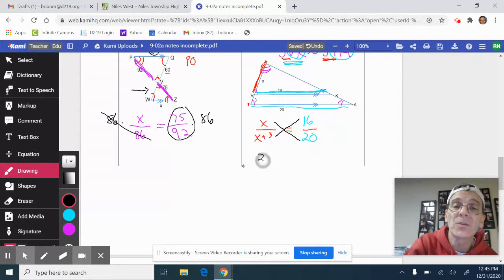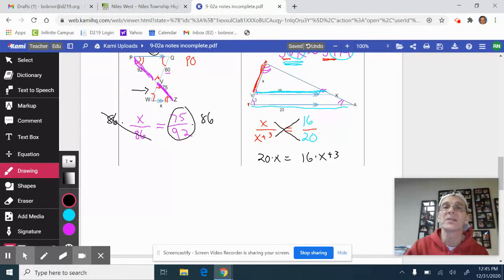So we've got 20 times X is equal to 16 times X plus 3. Oh, I've made a serious mistake there when I wrote that down. Do any of you realize what it is? Need parentheses around the X plus 3 because you're multiplying 16 by all of that, not just by the X.